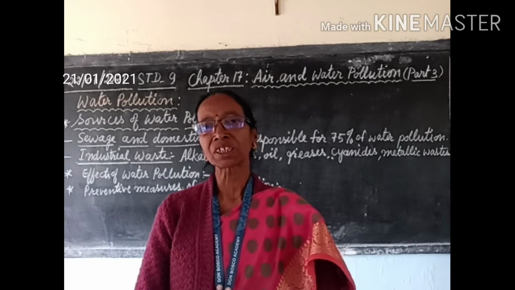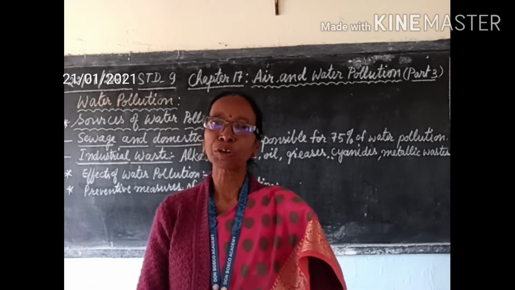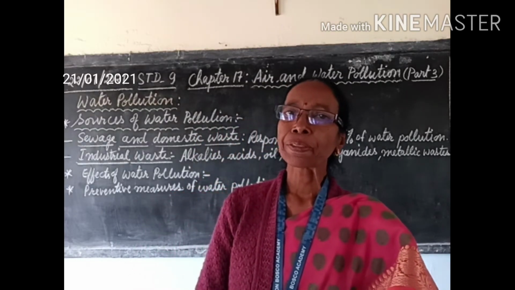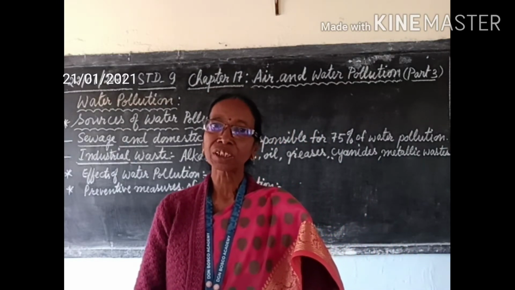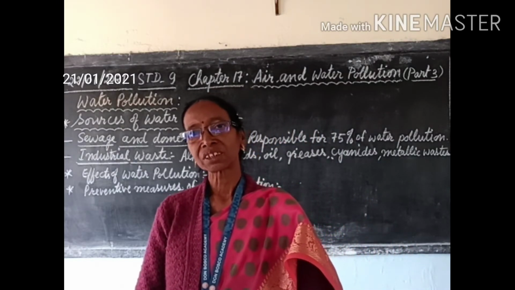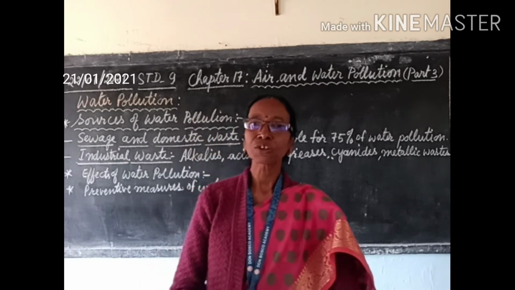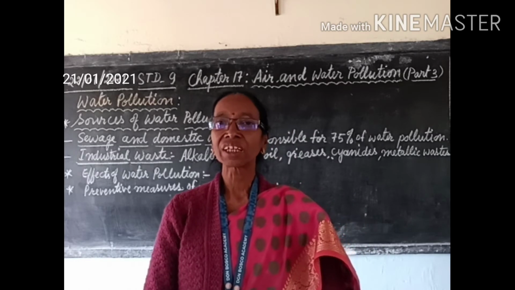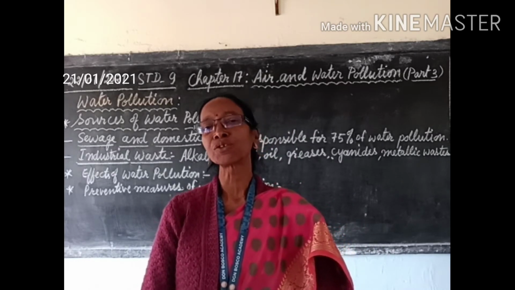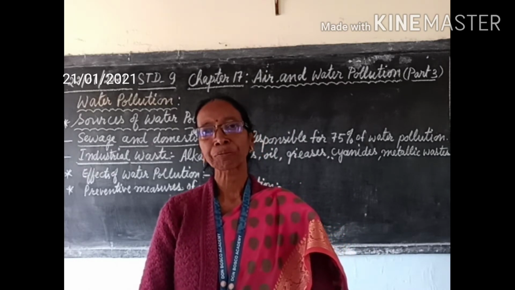So the environment also gets polluted, and whether that is air pollution or water pollution, when we breathe or take this dirty water, that is the main cause of many diseases.